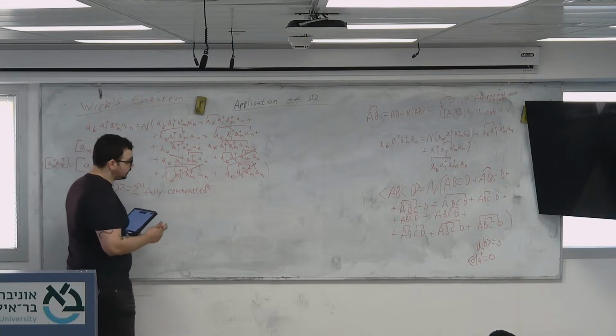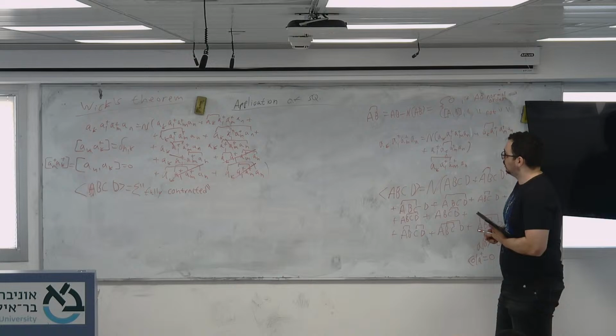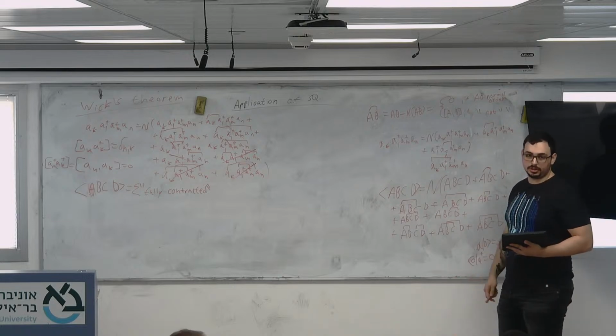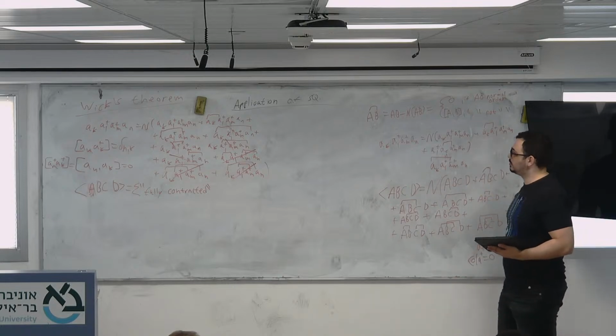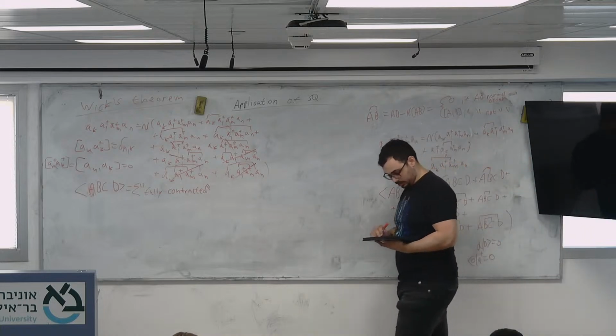So in our example, without even writing, we see that there is no fully contracted term to the left, so this example will be 0. Right, let's prove this. Proof of the theorem.